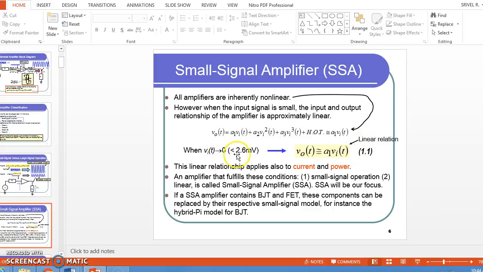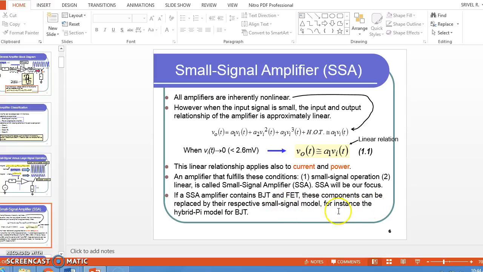Vi of t should be less than or equal to 2.6 millivolt. This linear relationship applies also to the current as well as to the power. An amplifier that fulfills this condition, first, small signal operation, and second, linearity, is called a small signal amplifier. In a small signal amplifier that contains a BJT or FET, the component can be replaced by the respective small signal model.